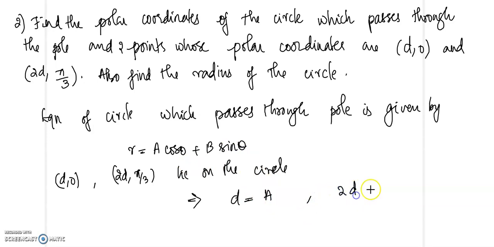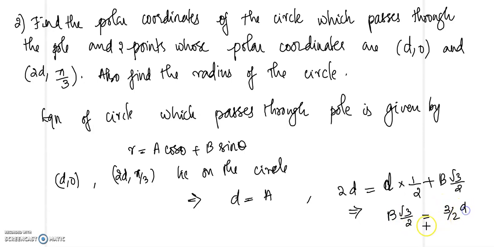And 2d will be equal to a, so we can replace a by d, and cos pi by 3 is 1 by 2 plus b root 3 by 2. So therefore b root 3 by 2 will be equal to 2d minus d by 2, so that will be equal to 3 by 2 d. So therefore b will be equal to root 3 d.